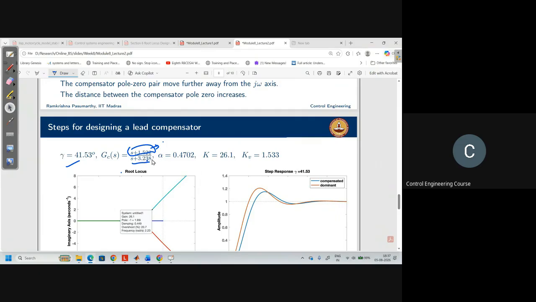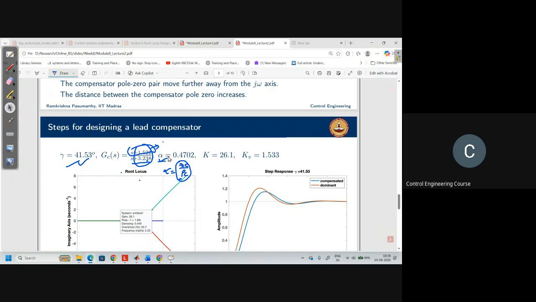Alpha is nothing but ZC by PC. If ZC by PC is more, that means your PC is far from ZC. Are you getting my point? So you have to find the gamma at which you get maximum alpha.